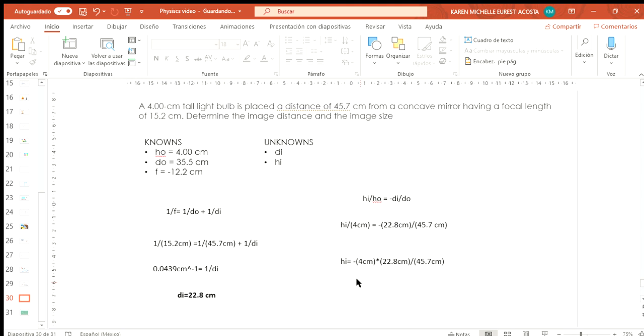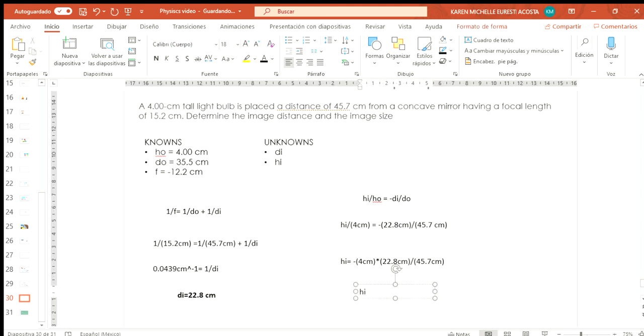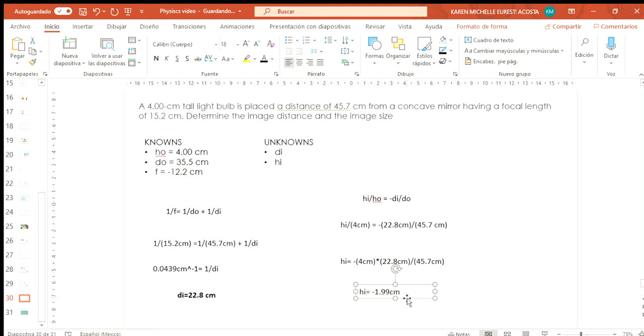This is minus 1.99 centimeters as our final result. And we have the distance of the image and the image size.